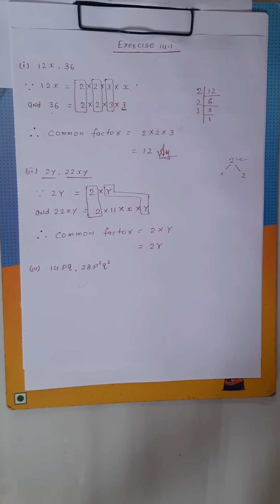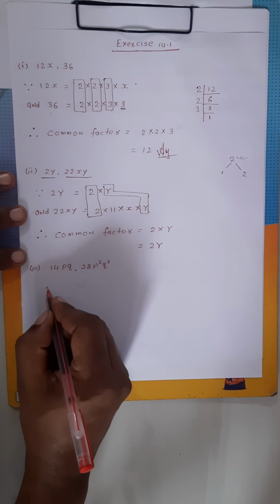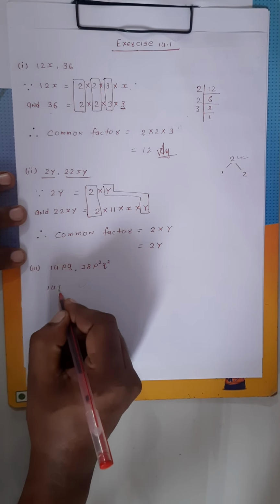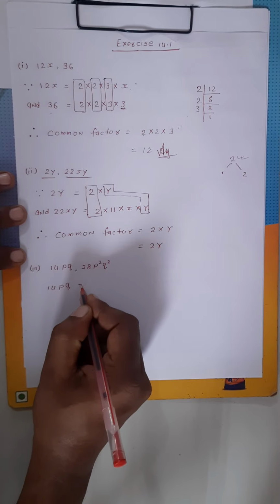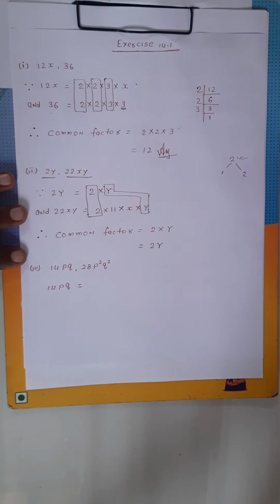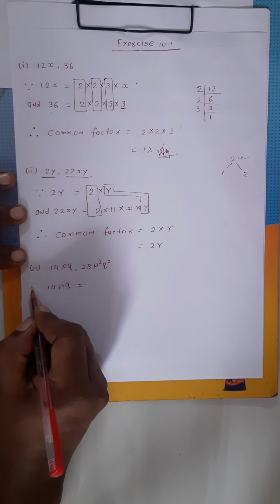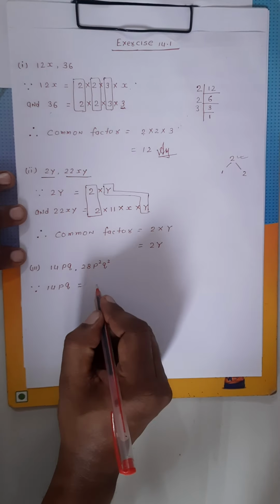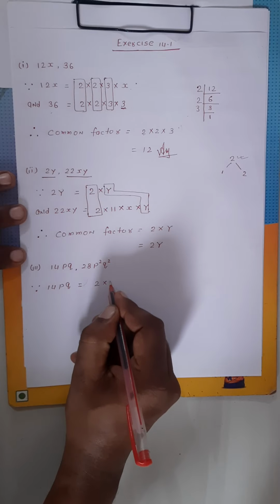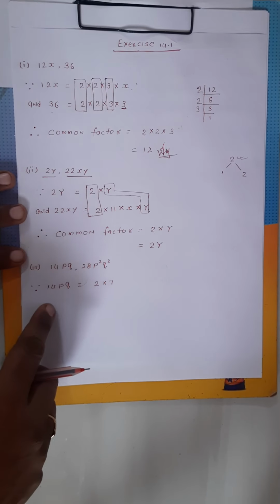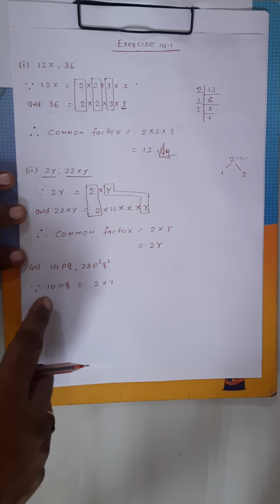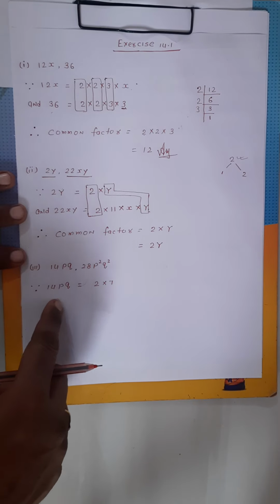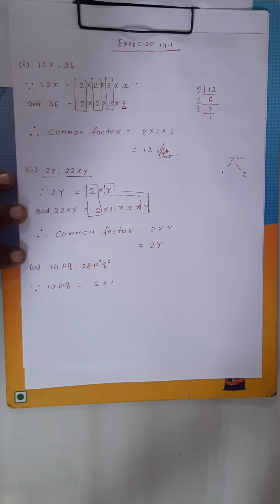Okay, now the next question is 14pq and 28p square q square. Again we factorize the 14pq. Okay, so 14pq is equal to 2 into 7. Okay, we have to divide 14 by only prime numbers.